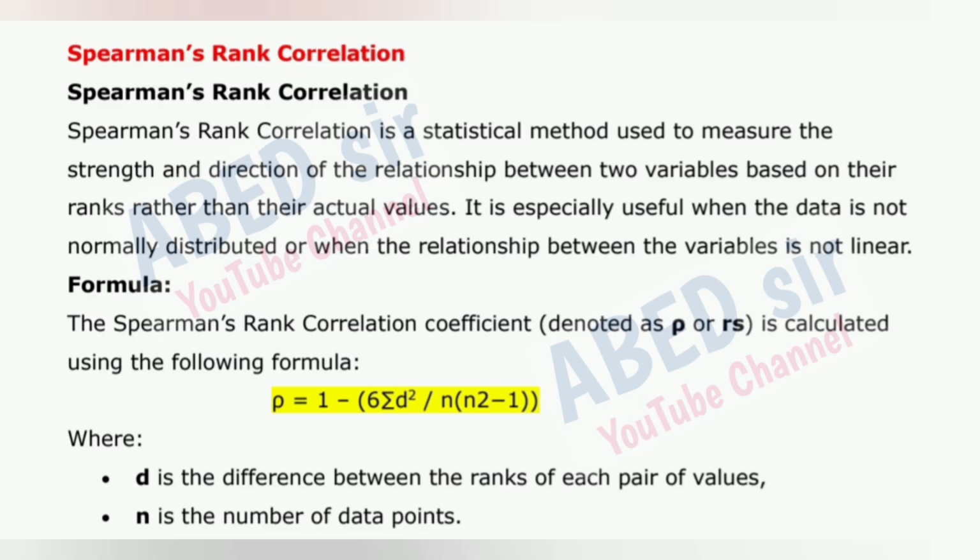Formula. The Spearman's rank correlation coefficient, denoted as ρ, is calculated using the following formula, where d is the difference between the ranks of each pair of values, and n is the number of data points.